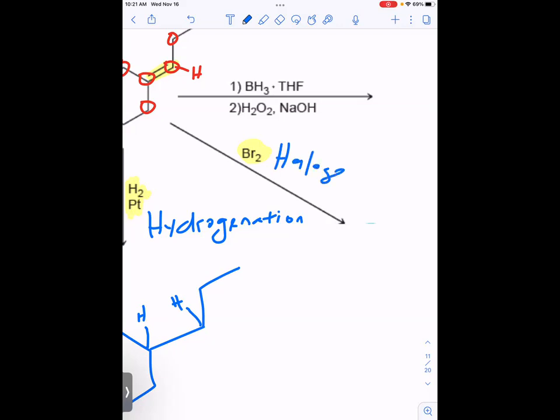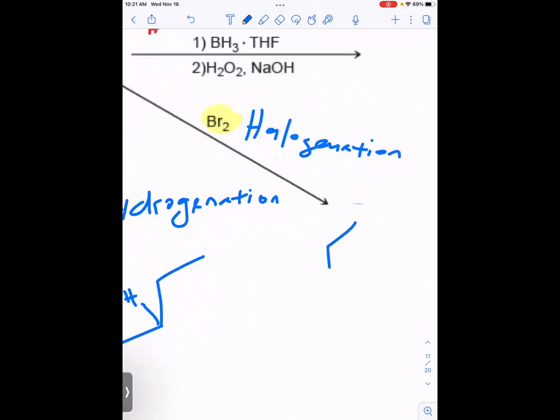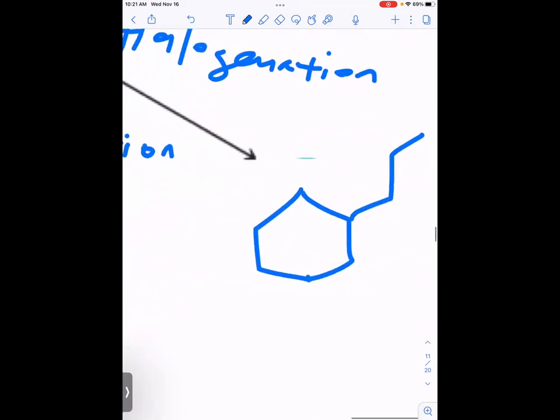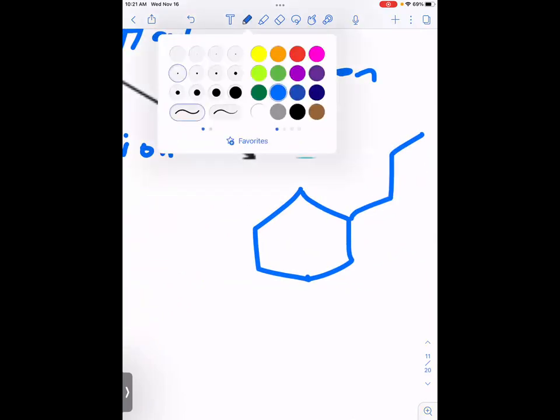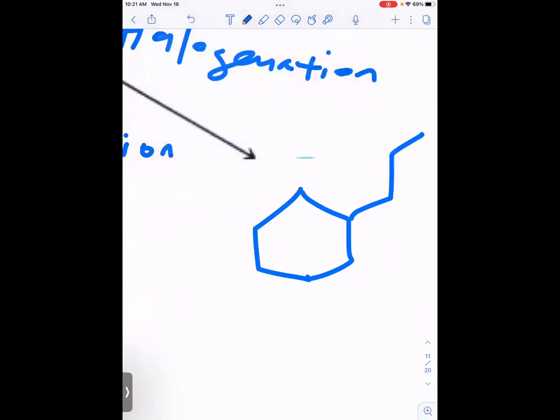Okay. Tell me something that you know about the product that always is true about halogenation. What do we know about how the halogens add? Are they on the same side or are they always on opposite sides? That's what I'm trying to get at. They're on opposite sides. Always, right?